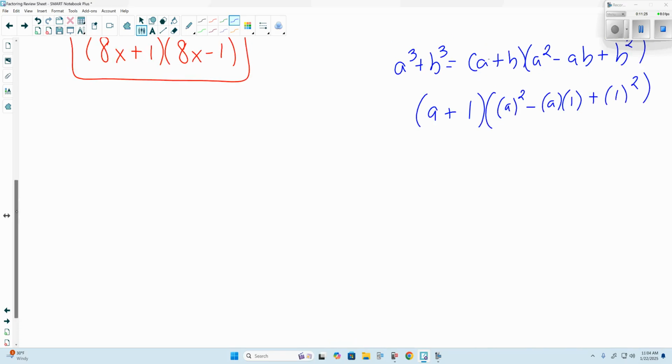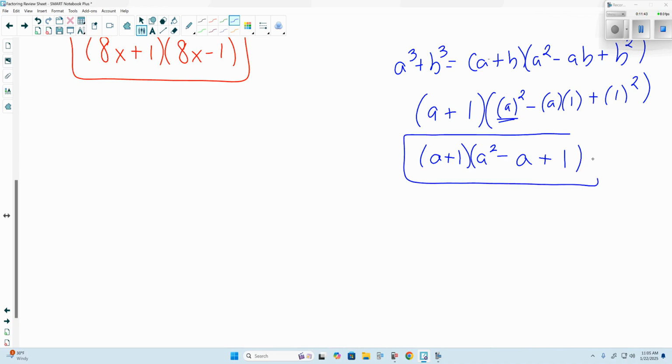Because we just need to simplify a little bit. A plus 1 is simplified. The quantity a being squared is just a times a, which is a squared, minus a times 1, or 1a, plus 1 squared, which is 1. Because the terms were a and 1, not a whole lot happened.